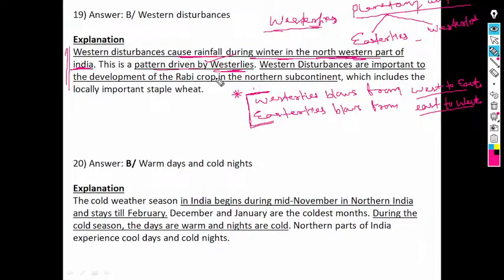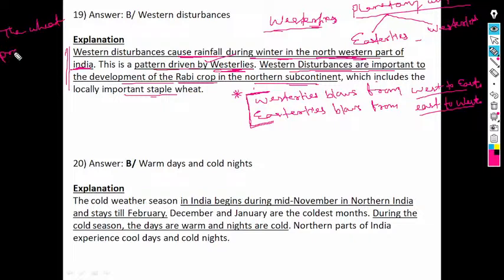This pattern is driven by westerlies. Western disturbances are important for the development of the rabi crop in the northern subcontinent, which includes the important staple wheat.